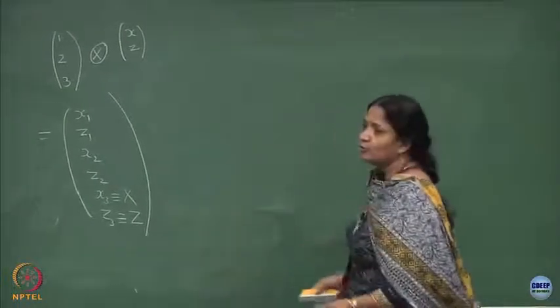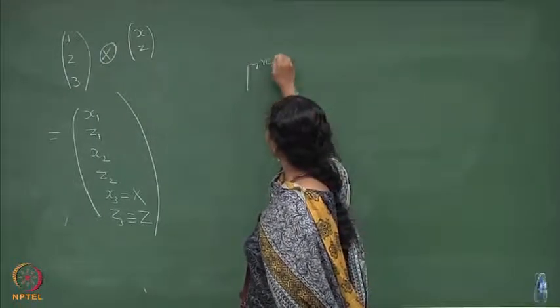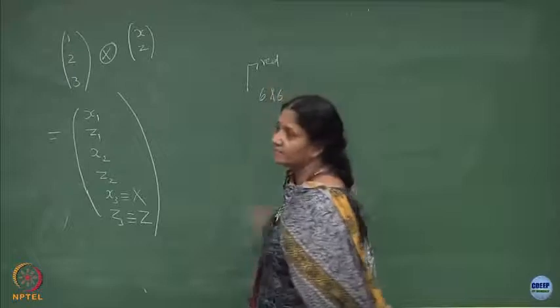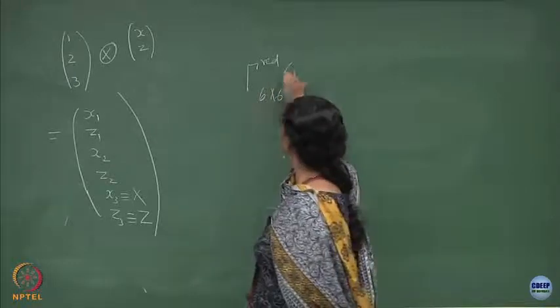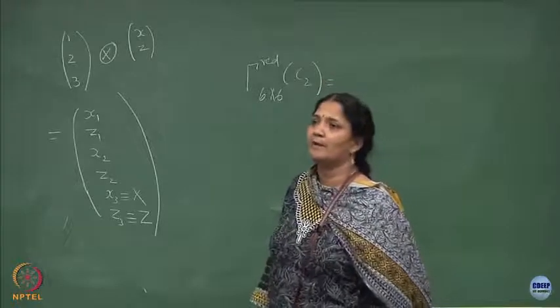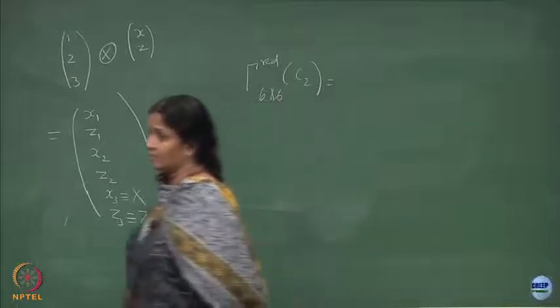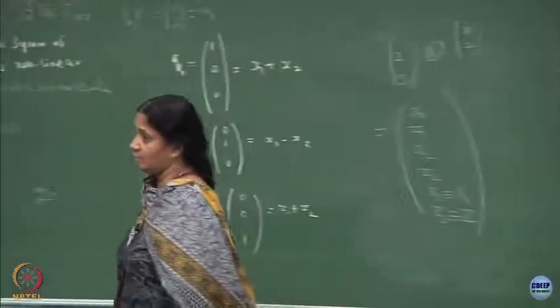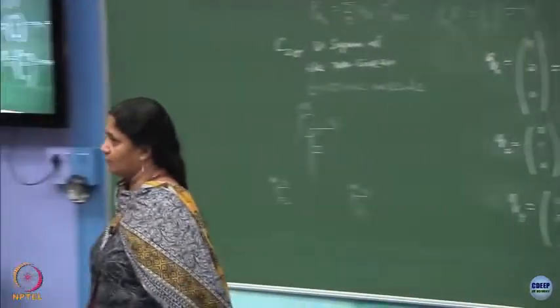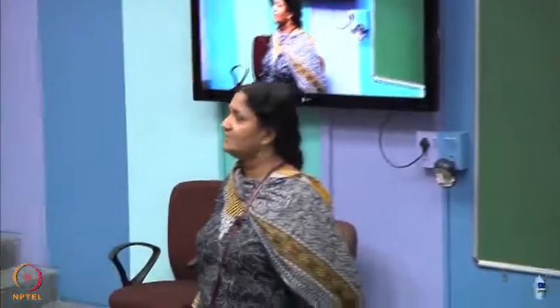So, now you can do the reducible representation, which will be a 6 cross 6 matrix for C2. What will that be? Not independent, no. It is a basis in the reducible basis in some sense.